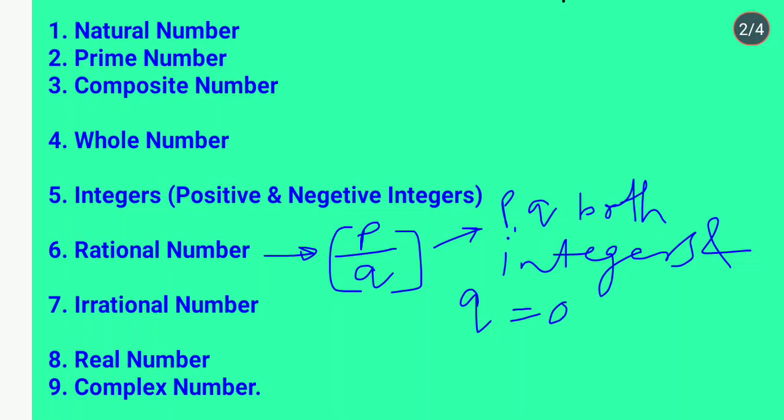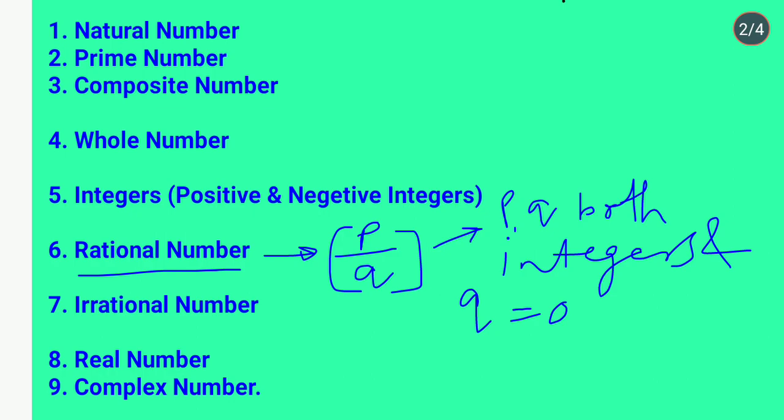So rational numbers are those numbers which we can write in the form of p by q, or you can say that rational numbers are terminating or non-terminating recurring decimal numbers.